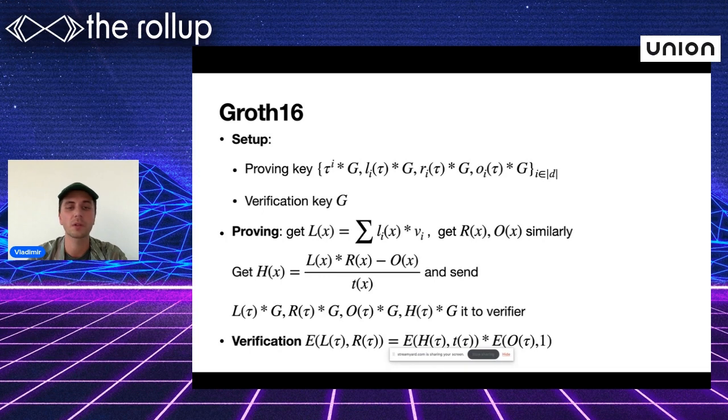Proving involves calculating the polynomials for left, right, and output wires respectively, then calculating the quotient polynomial in coefficient form, and then calculating its encrypted evaluation and sending the left wire encrypted evaluation, right wire encrypted evaluation, output, and quotient polynomial to the verifier.